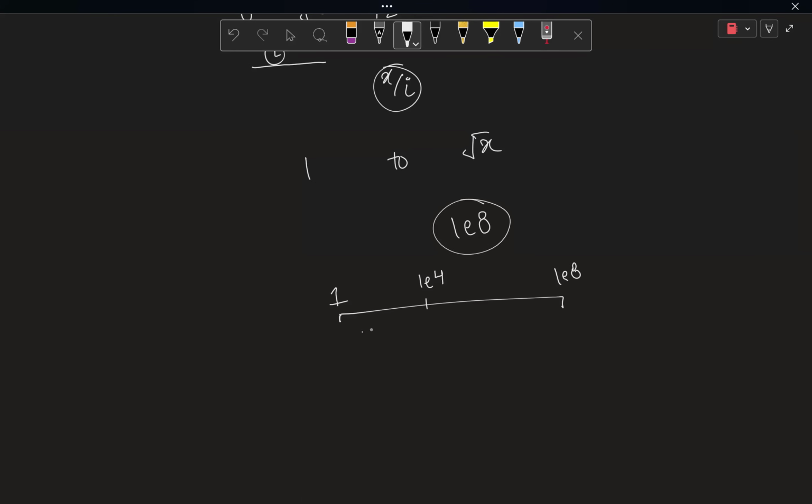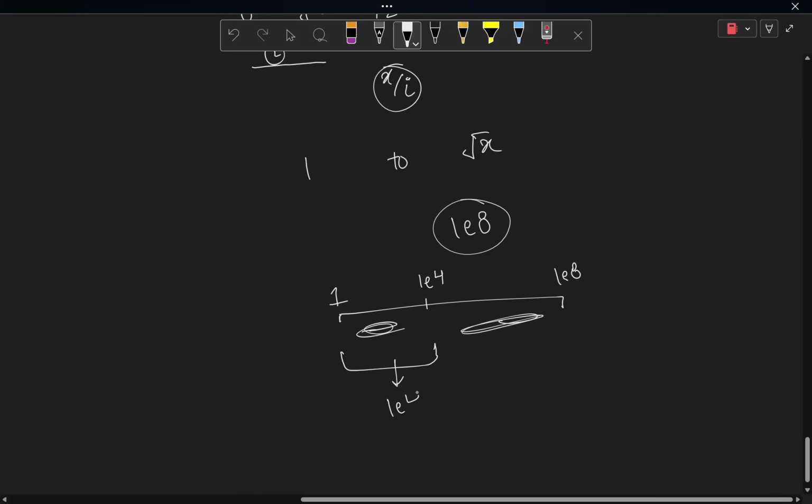And for all these divisors, you will have some divisors here. So the time complexity for x being 1e8 would be nothing but 1e4 iterations.